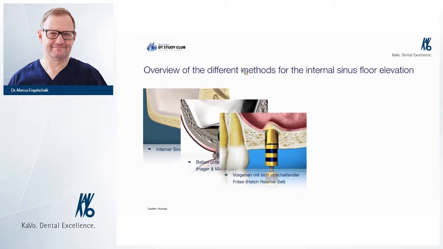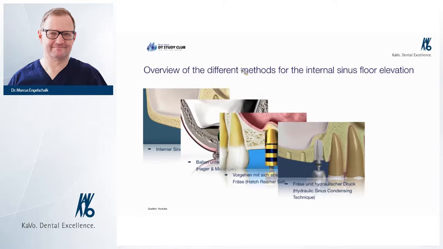That means if you do an augmentation, sometimes, as we've seen in the picture before, in the X-ray before, we want to augment more than 5, 6, 8 millimeters of height. Until today, there are no elevation methods to lift these big heights.